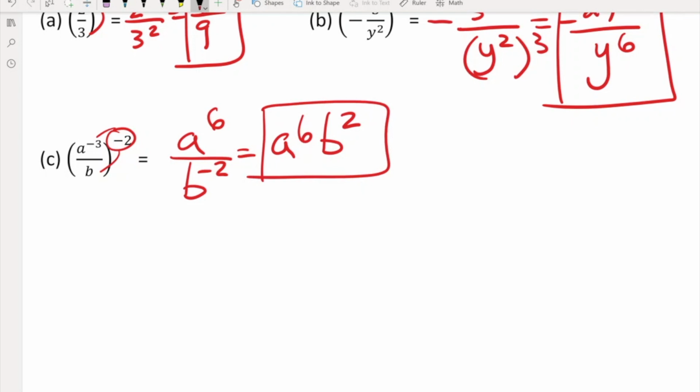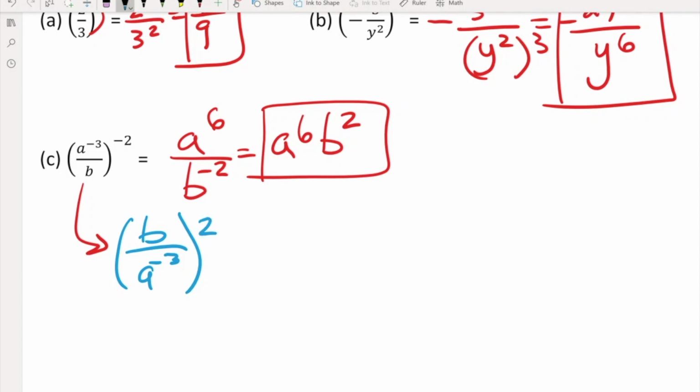Here's another way to think about this problem. Remember we said that negative exponents mean reciprocal? We could flip the fraction like this, and now we get to write it as a +2. Since negative exponents mean reciprocal. Well, we did the reciprocal. Then you have b to the second power over a to the -3 times 2, which is a to the -6.